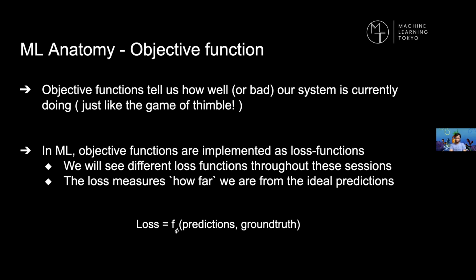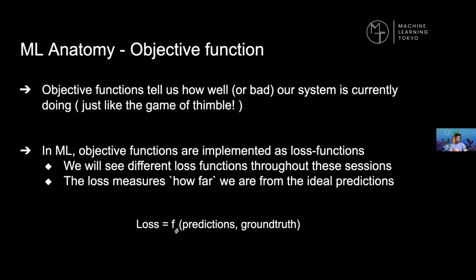Using those two, it compares the values and gives you something which we call the loss, which basically tells you how close you are to your actual solution. So we will see different kinds of loss functions, and the loss function is basically this f function here, or the objective function. There are multiple ways of calculating losses, and each has its own advantages, disadvantages, or applications.